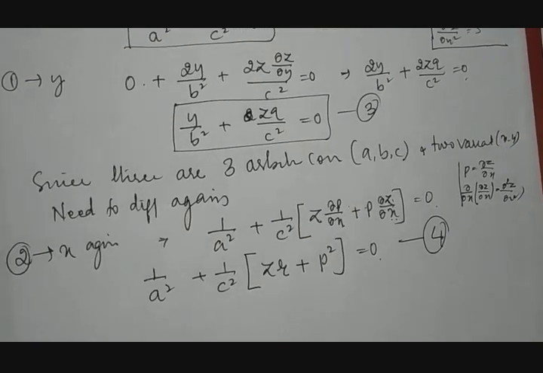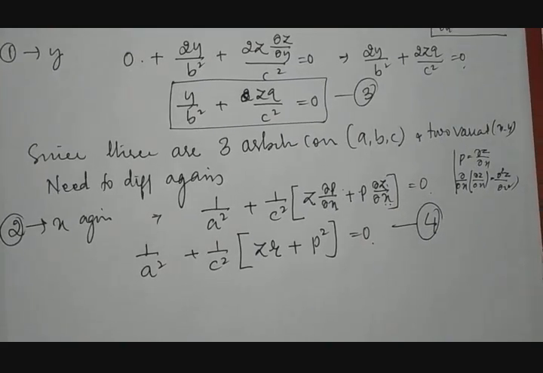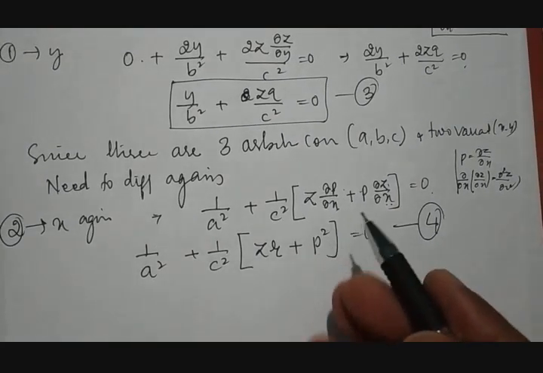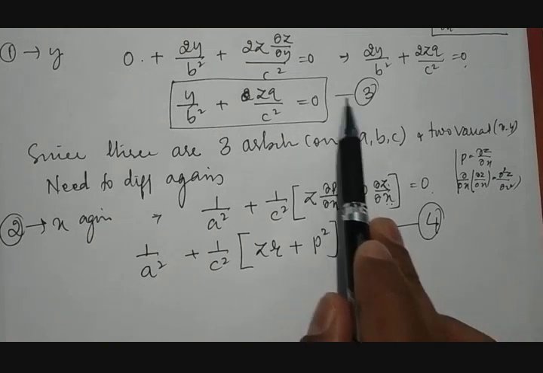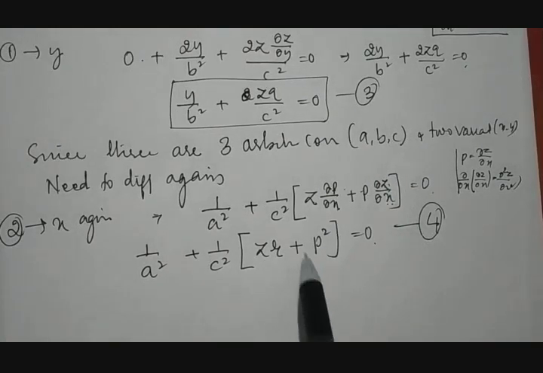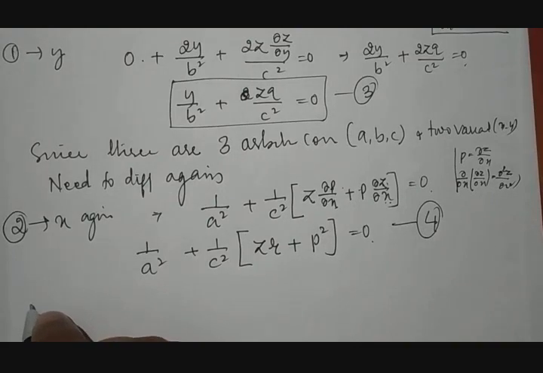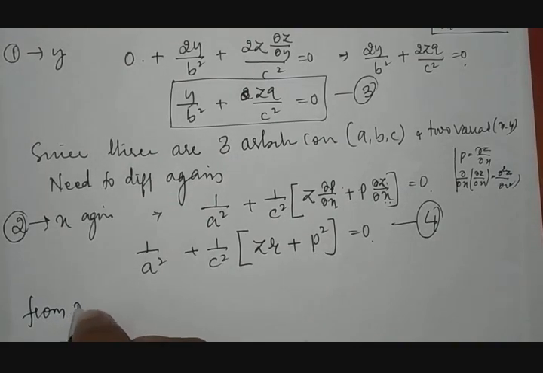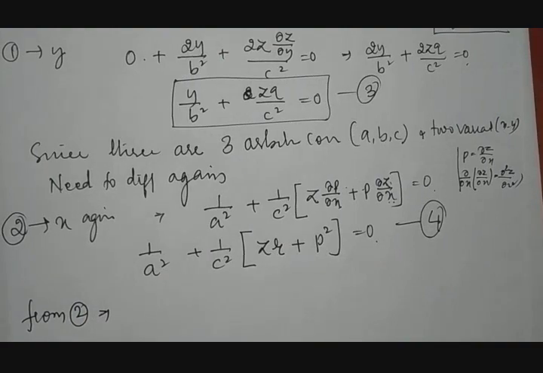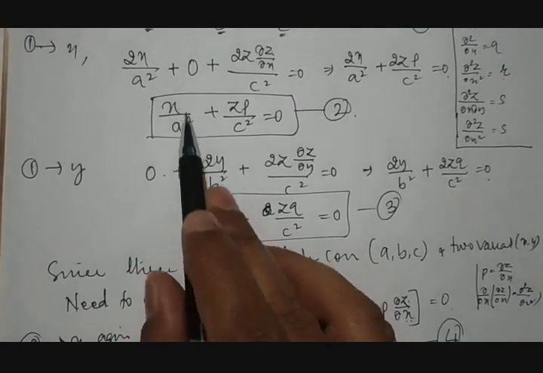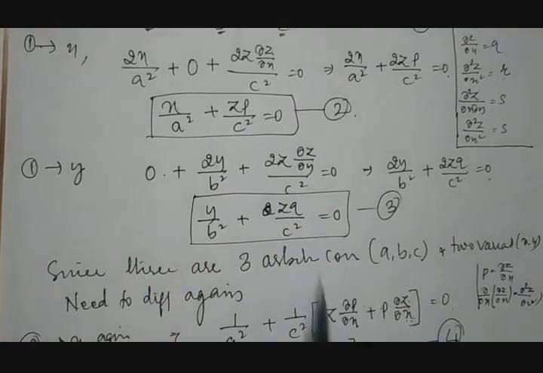So this is a second order differential equation now. Instead of going for once again differentiating this with respect to y, we'll try to manage it with this only. Then we'll take equation number 2, that is x by a square plus zp by c square equal to 0.